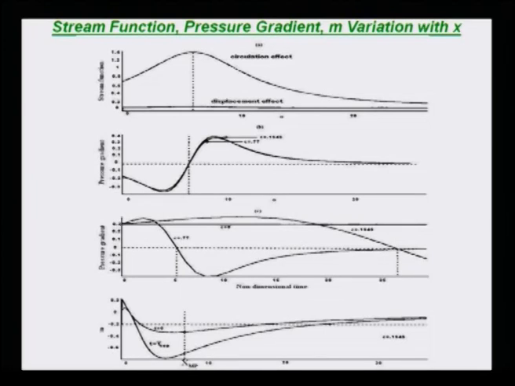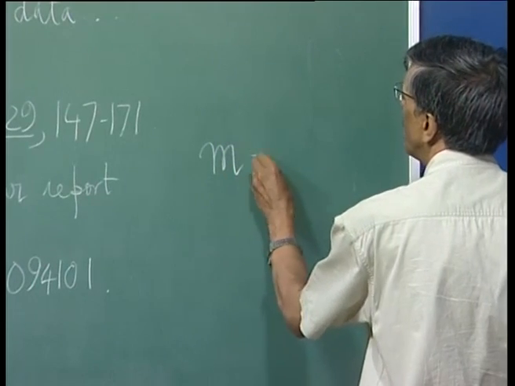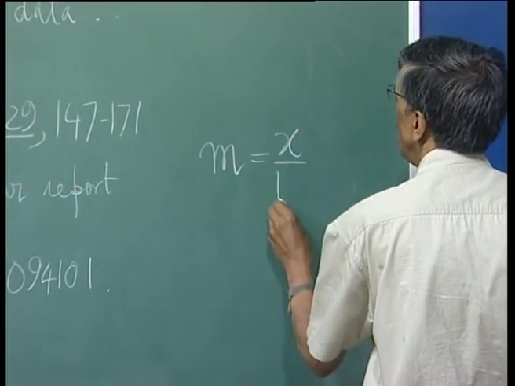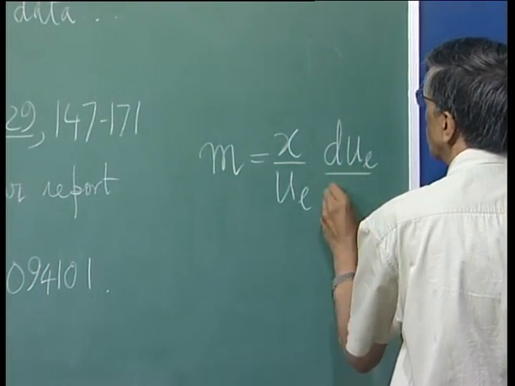Okay. And the last quantity is the Falkner-Skan parameter that we have defined as m equal to x by u_e du_e/dx.